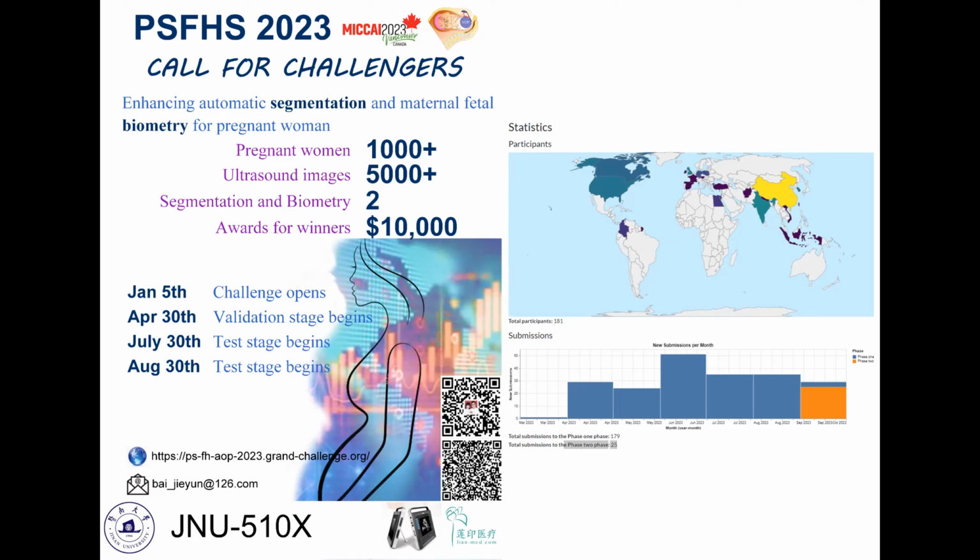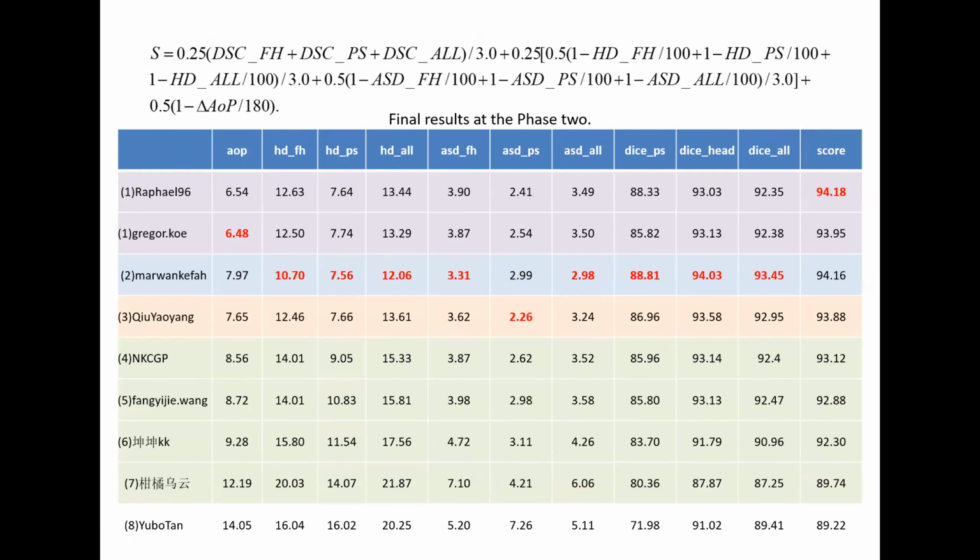In phase 1, there were about 179 submissions, but in phase 2, there were about 25 submissions. According to the above equations, we get the score. We also give all the values about everyone's methods.